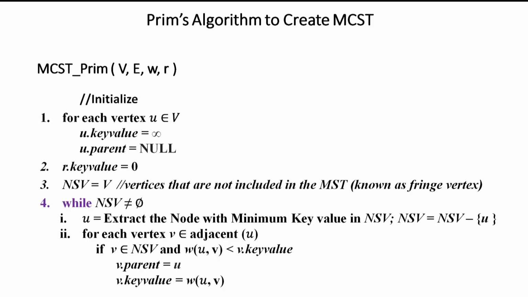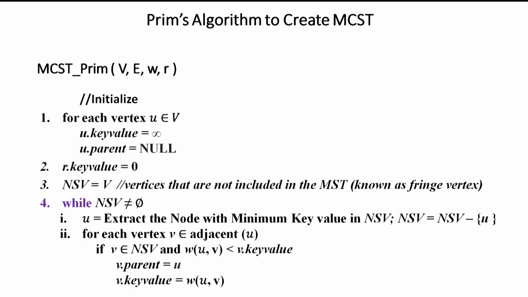As I told you, R is the root, the node from where we start to create the spanning tree. So we initialize its key value as 0 because there is no cost involved to reach that particular node. We are at that node only, so its value will be 0. And another variable, NSV, also known as the set of fringe vertices, initially consists of all the vertices available in the graph.